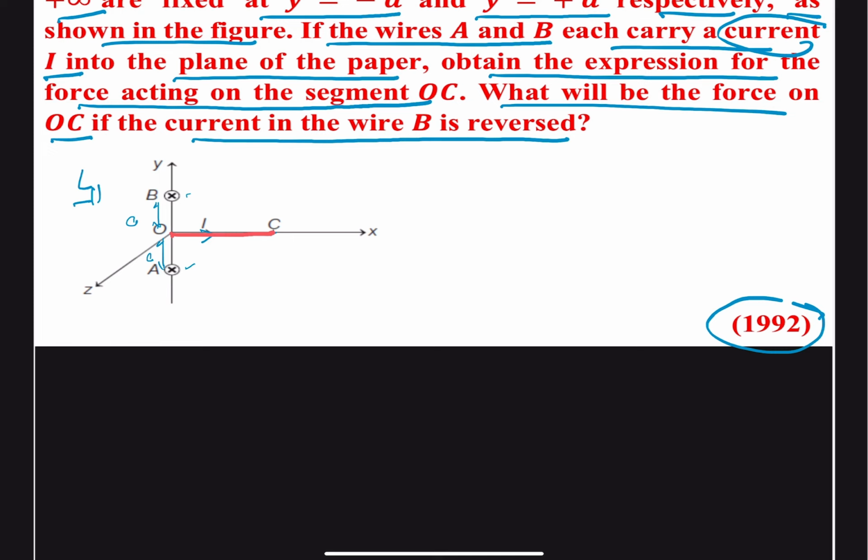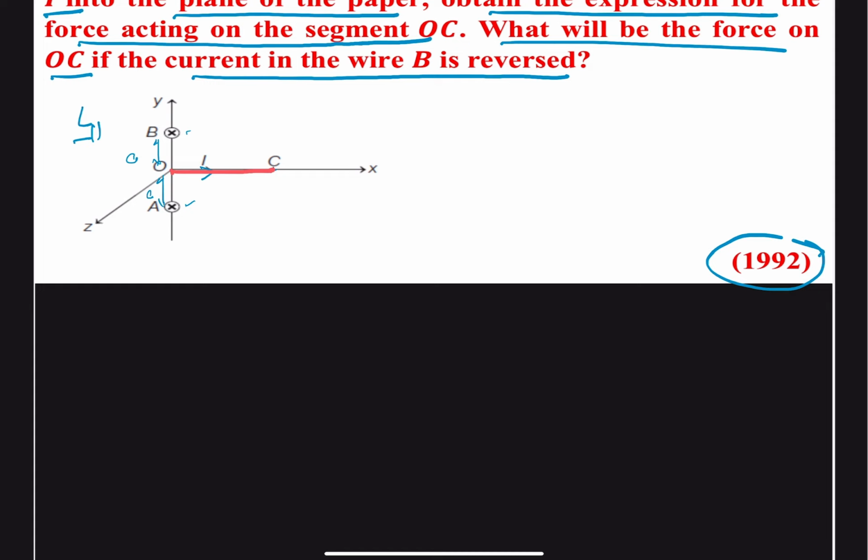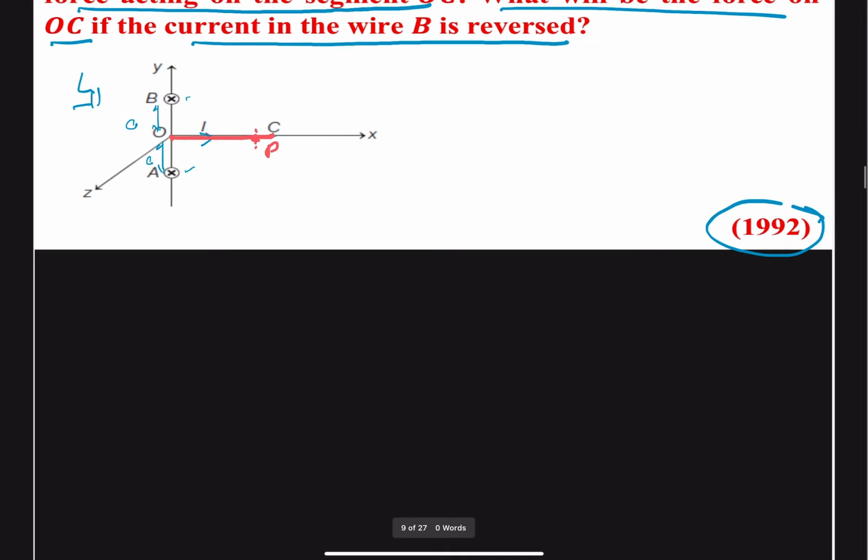So because of the current that is flowing through A and B, let me mark a point P on this OC. So let us suppose this is a point P, and the magnetic field at this point P, because of the current flowing through the wires A and B, will be perpendicular to AP and BP respectively. Okay, so let me draw the figure.